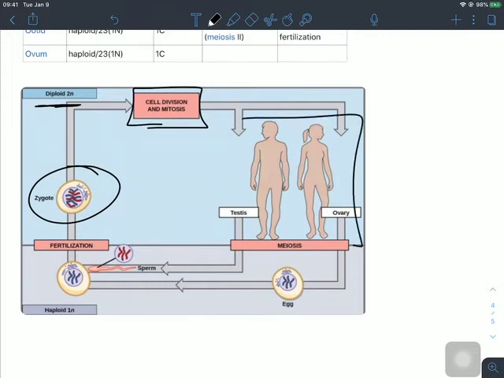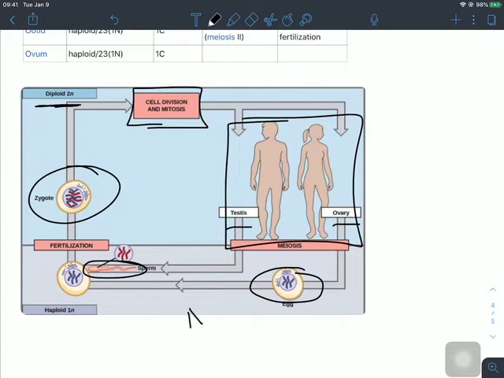It forms these giant bodies that I call you and I. And then we have meiosis occurring within these two very particular organs, the testes and the ovaries, to make our sperm and our eggs that are haploid in their chromosome count. Note that there is no mitosis down here. Your egg and sperm are singular cells that do not live very long on their own once outside of your body.